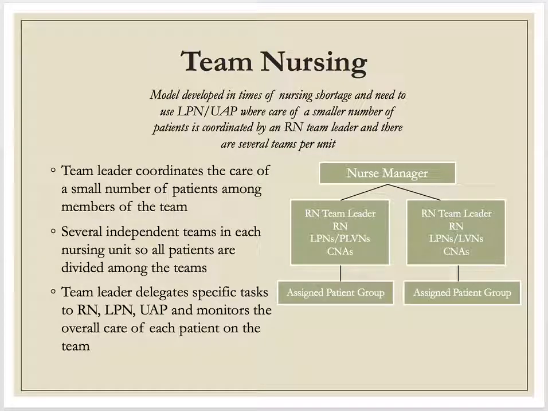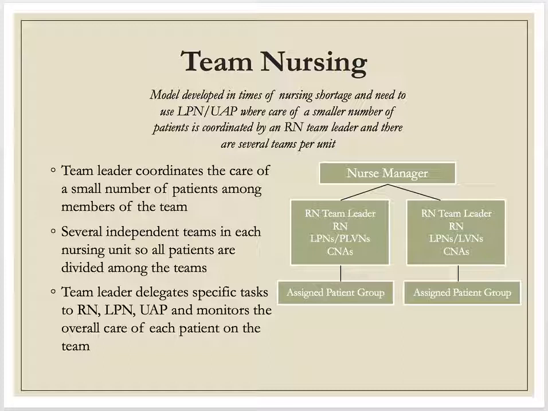Team nursing is the third care delivery system I will talk about. This model was developed as well in times of nursing shortage and the need to use LPN and UAP, where care of a smaller number of patients is coordinated by the RN team leader. And there are several teams per unit.